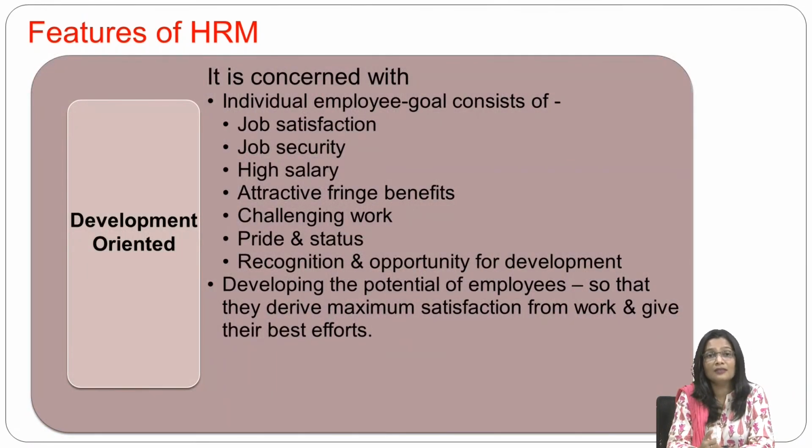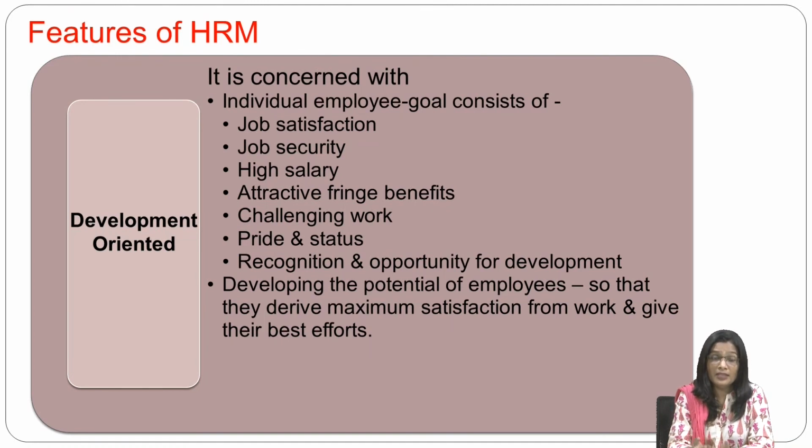And lastly, it is called a development oriented function. Why? Because individual employees' goals are directed to job satisfaction, job security, high salary achievement, having attractive fringe benefits, having challenging work, taking pride in the work and the status, getting recognition for good work done, and opportunities for development.